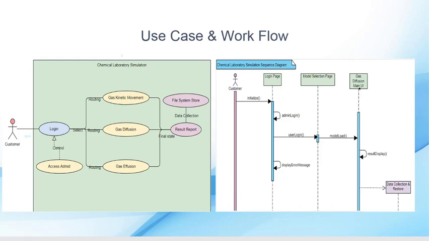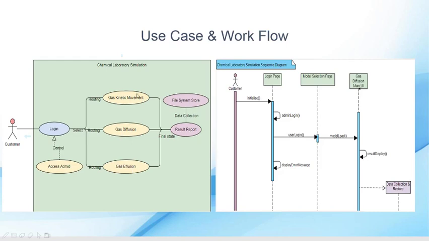Then they will go to the module selection page. The user would be routed to the subpages, which are the main content of the project. It is divided into three modules: the first one is gas kinetic movement, then gas diffusion, and then gas effusion.